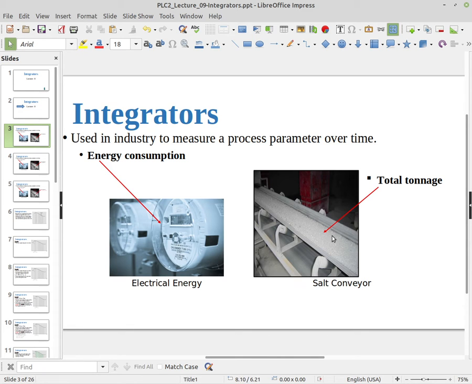Another example would be the amount of material being transferred across a conveyor. We could look at the total amount of material, how many tons of material has been hauled. So we can calculate the flow rate.